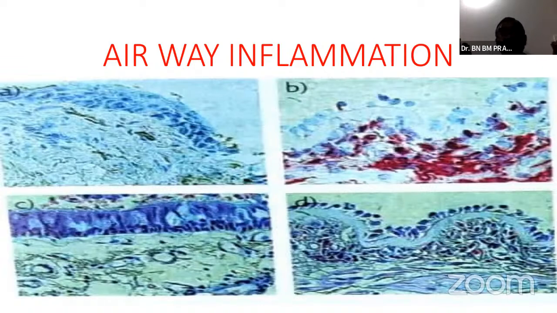And this eosinophilic inflammation is the one which is responsible for the mucus hypersecretion, edema, and also for the bronchospasm. So the bronchospasm is due to the contraction of the smooth muscles, and the bronchial narrowing is because of the edema and also because of the mucus secretions. All these three things contribute to the airway obstruction.